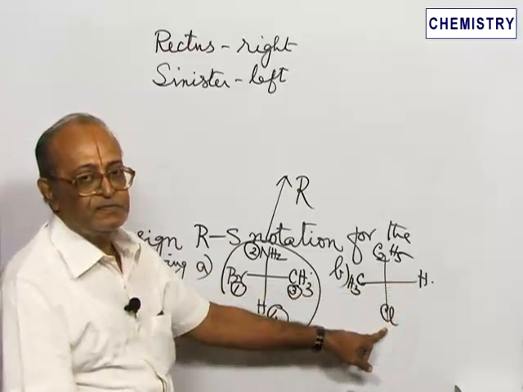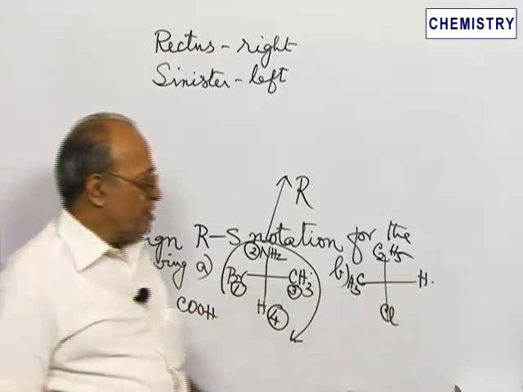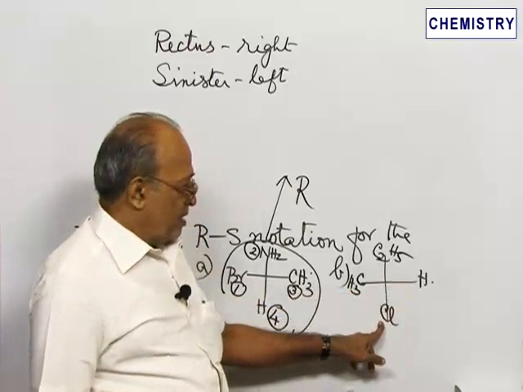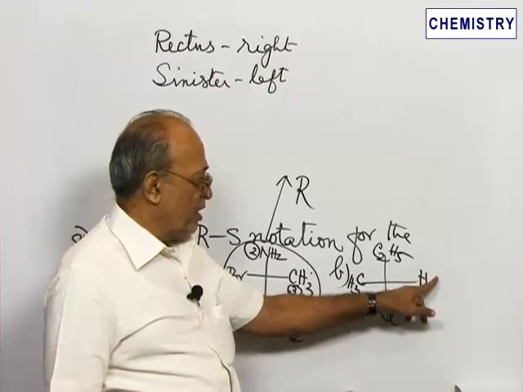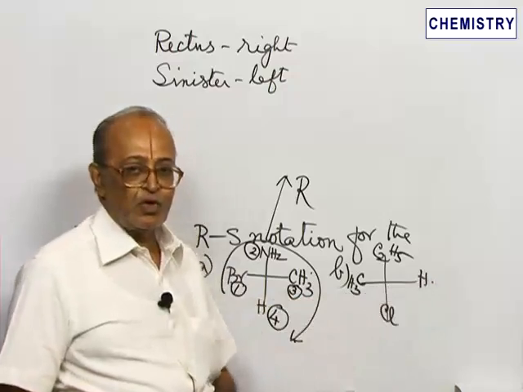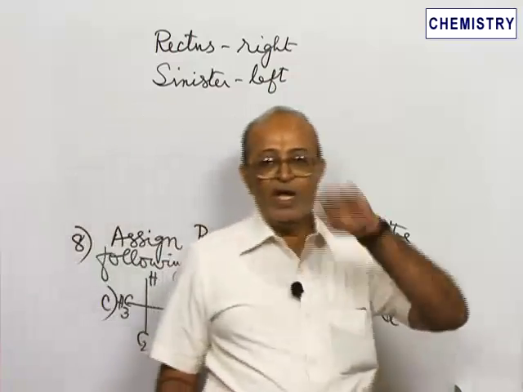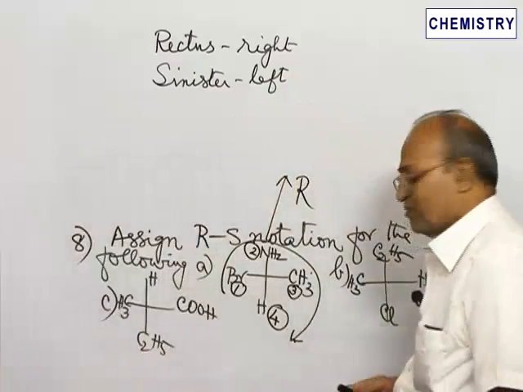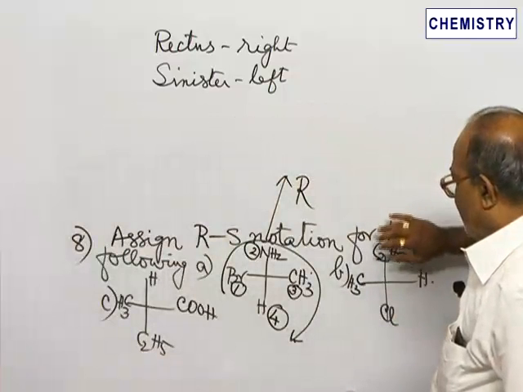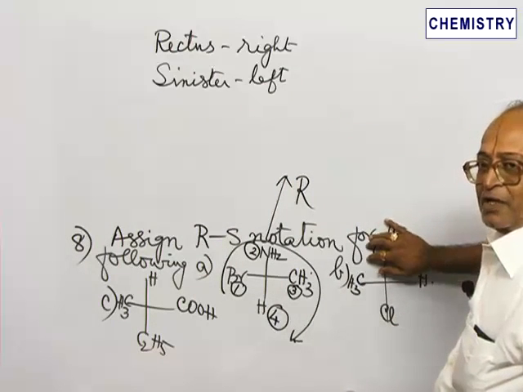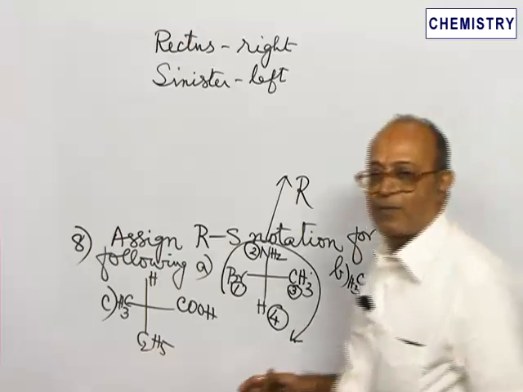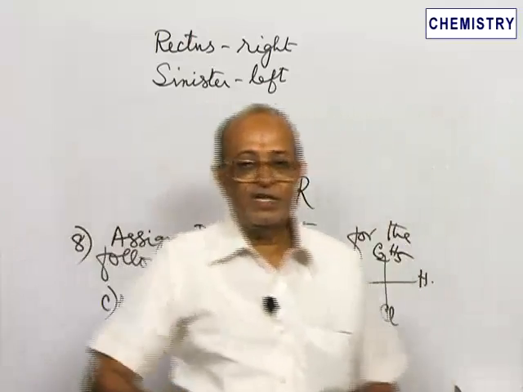But I have told you it is better you bring this hydrogen to the bottom. That means you should not cancel off chlorine and put chlorine here and hydrogen bring here. That you should not do. One way of bringing hydrogen to the bottom is you fix the substituent at the top. You fix it in that position.